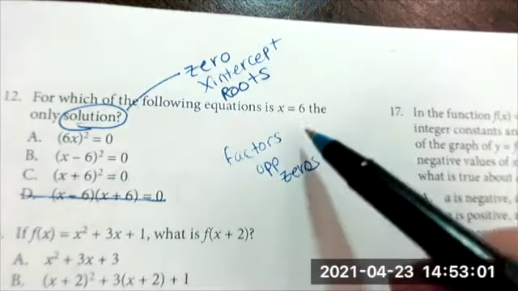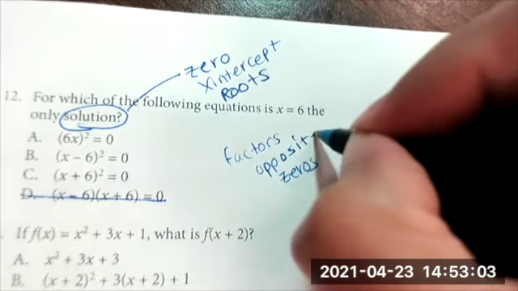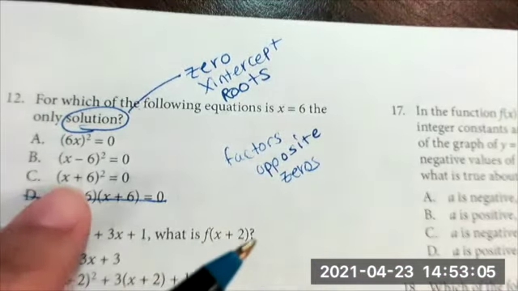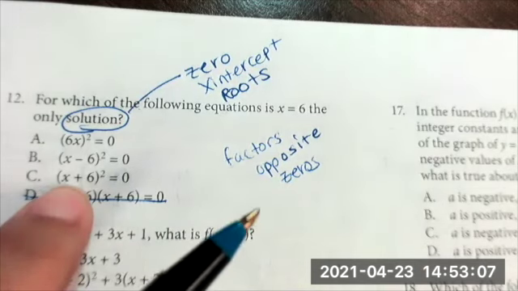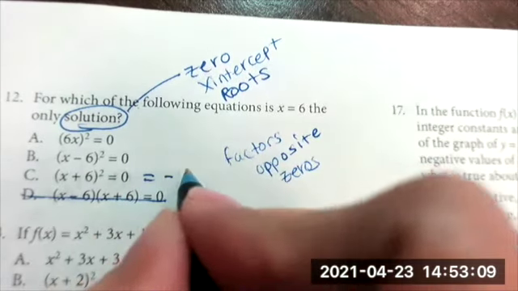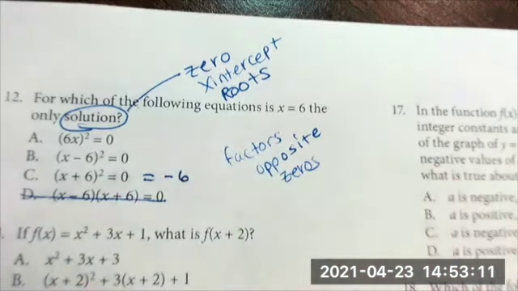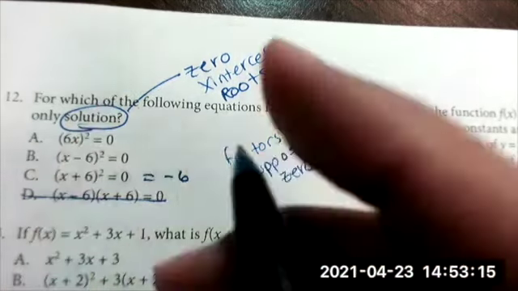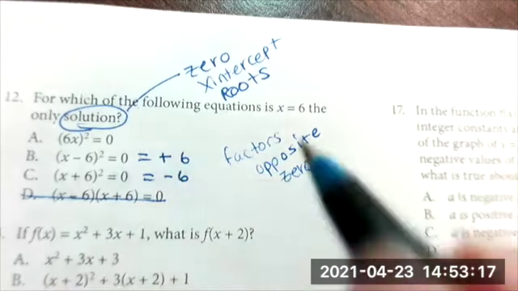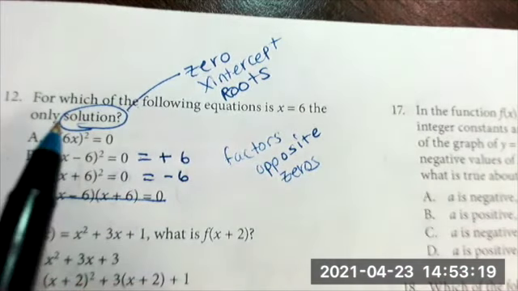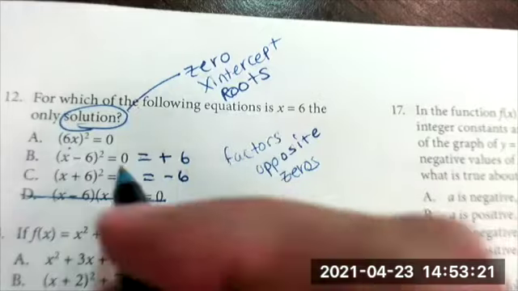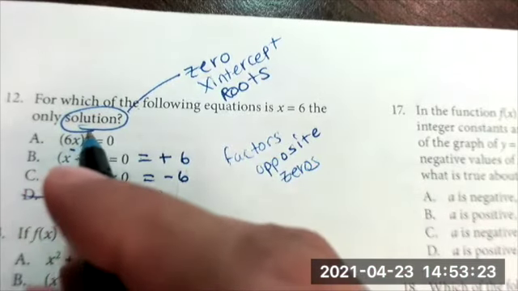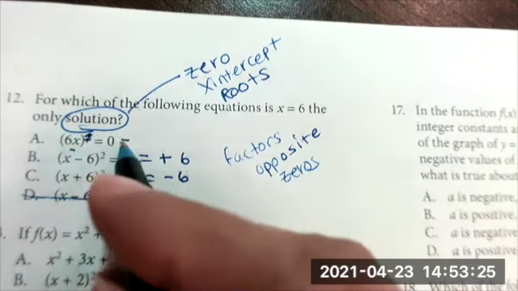So factors are the opposite of your zeros. So what is the opposite of plus 6? Negative 6. What's the opposite of minus 6? Positive 6. And what's the opposite of this one? To actually get rid of this, it's 0.